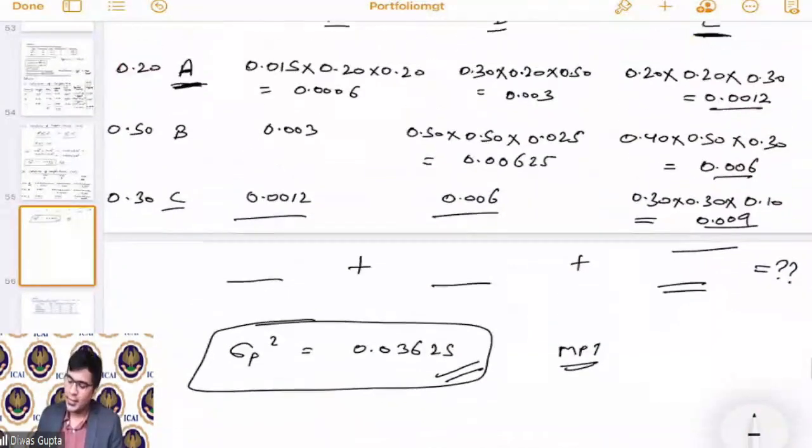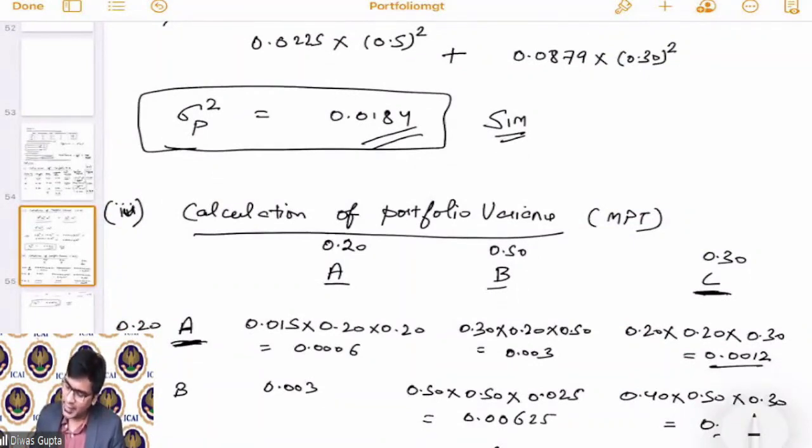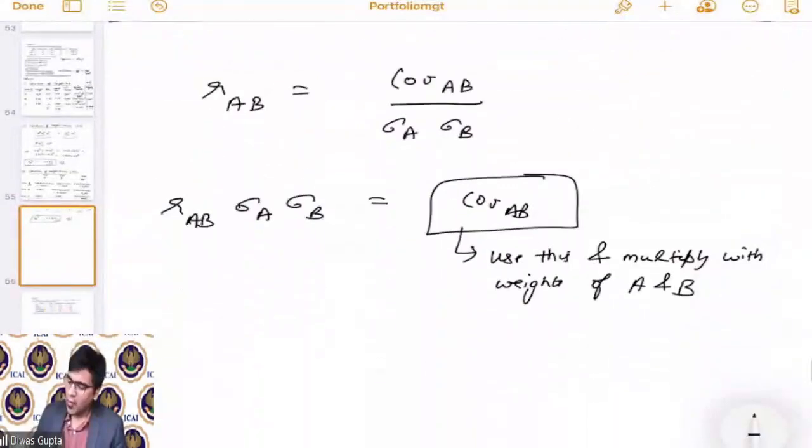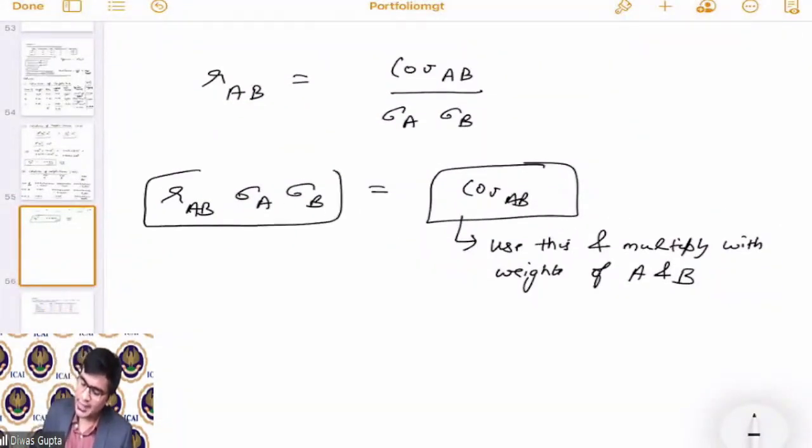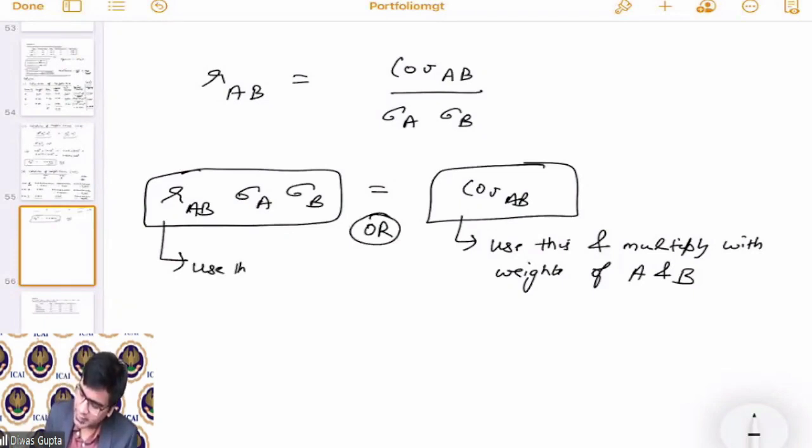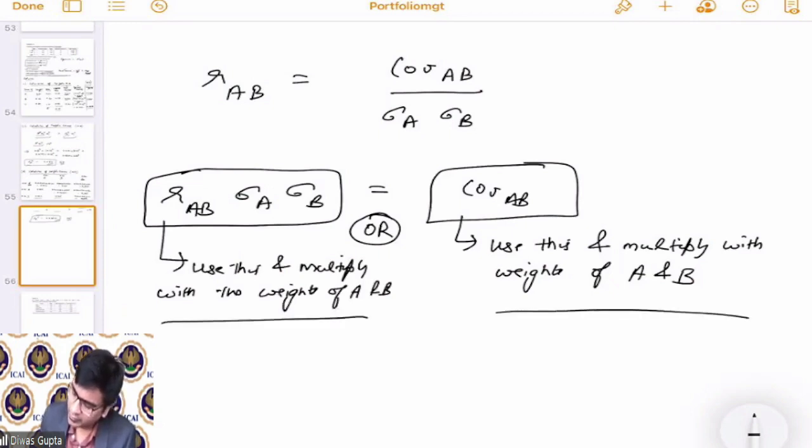You will get this number, between A and B. Or the second approach can be that you use this R, standard deviation of A, standard deviation of B, and then you multiply. So any one of these can be used. Use this and multiply with the respective weights of A and B. Okay, Namita.